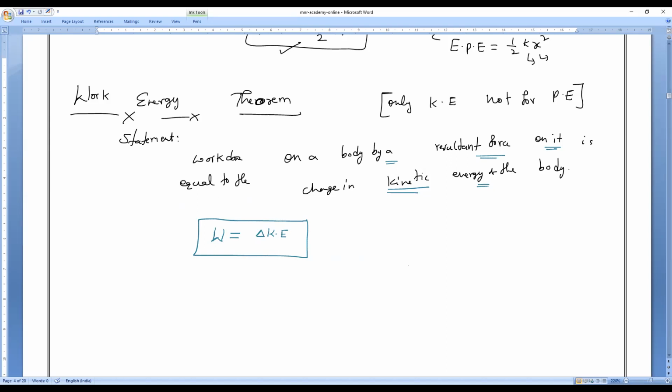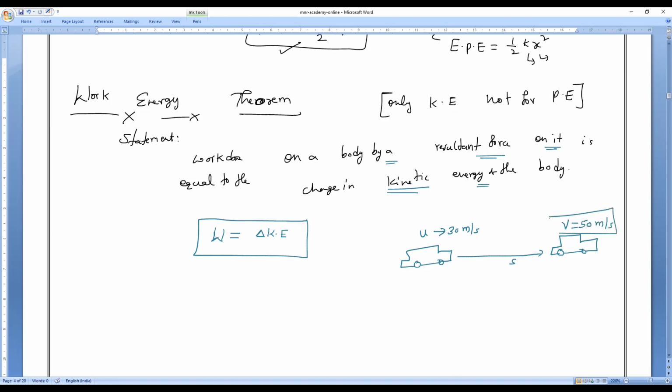For example, all of you observe. Suppose there is a car traveling with an initial velocity of 30 meter per second. After traveling a certain distance, the velocity of the car has changed to, for example, 50 meter per second.